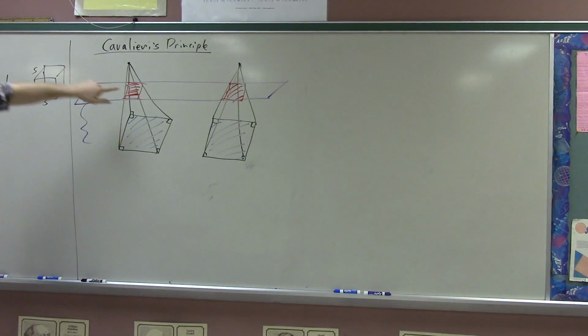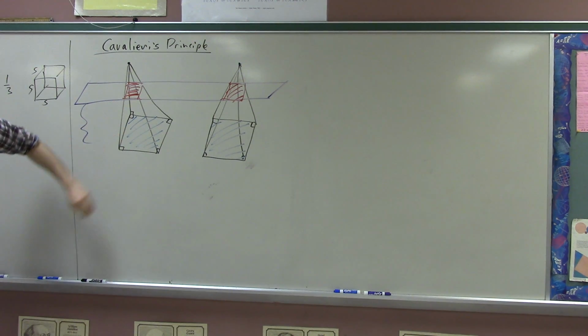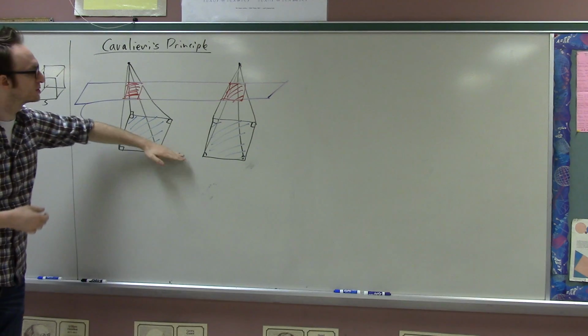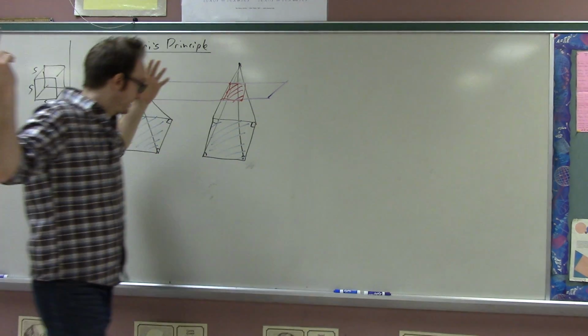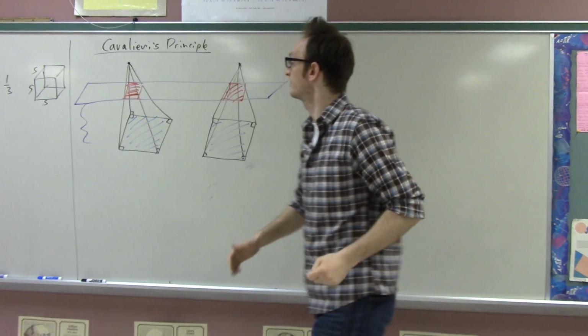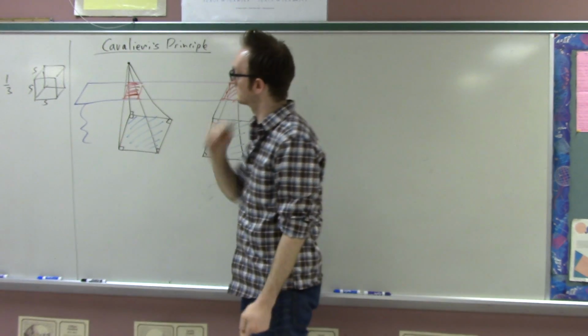Since this same thing holds at any height, we're going to think of the volume of this figure as composed of a large, or perhaps if you want to be awesome, infinite number of very thin slices.